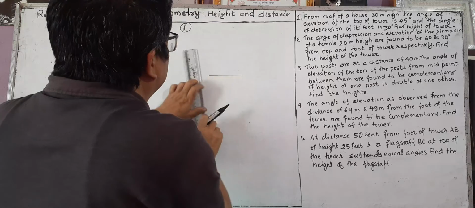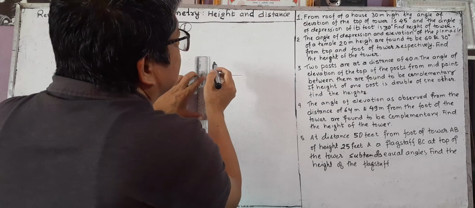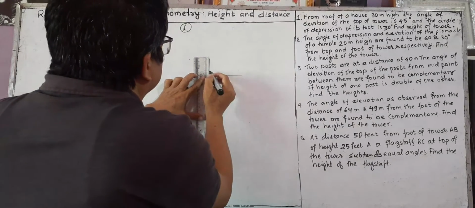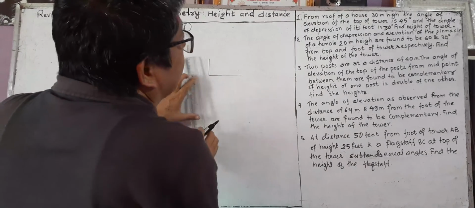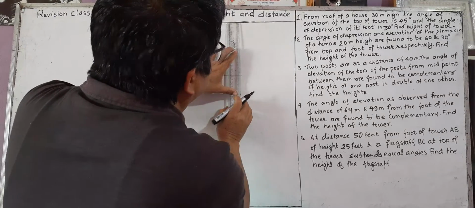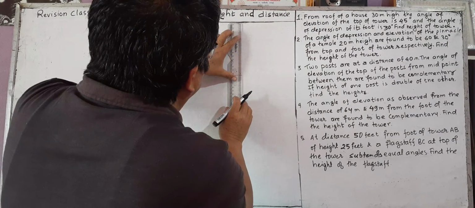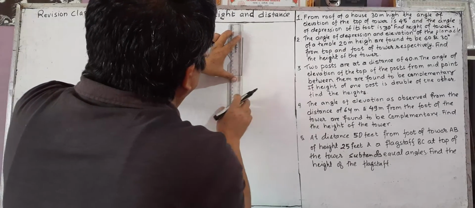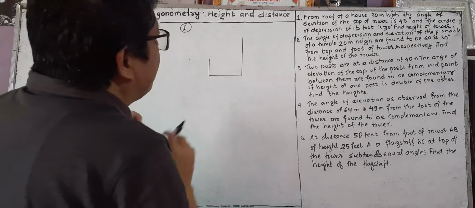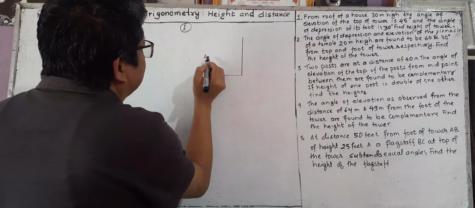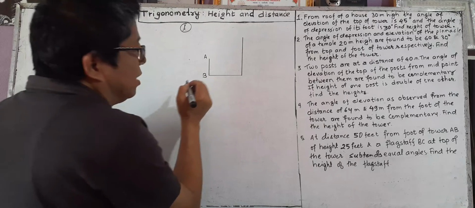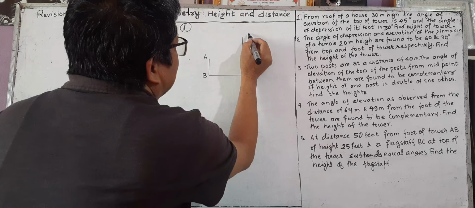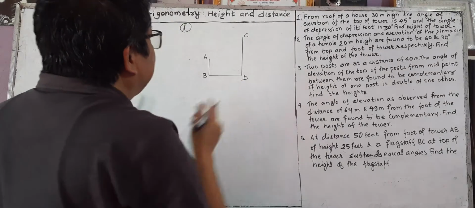So this is same level. One object is house, another object is tower. And the tower is a little bit higher than the house. Now this is the top of the house A, B is the bottom of the house, AB is the height of the house, and another is tower, CD.